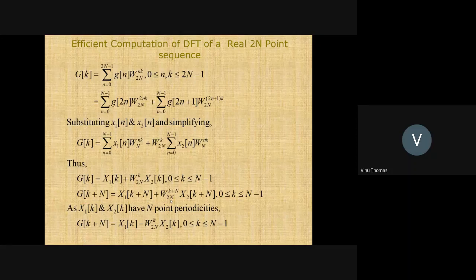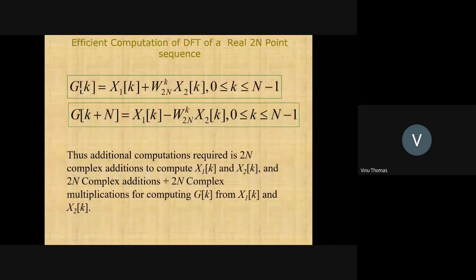You cancel n and this reduces to e raised to minus j pi, which is equal to minus 1. So that is minus W2n raised to k into x2k. So g of k plus n is equal to x1k minus W2n raised to k into x2k.